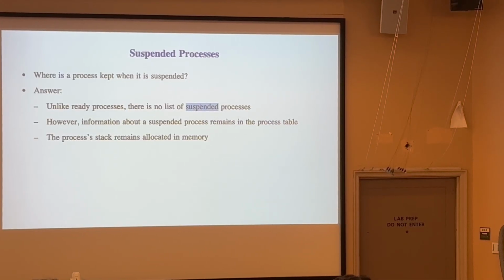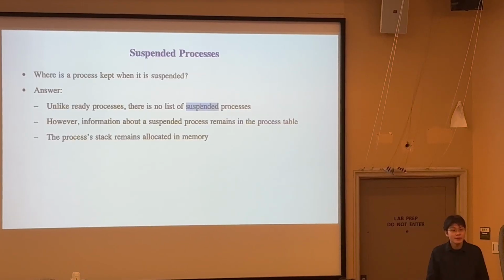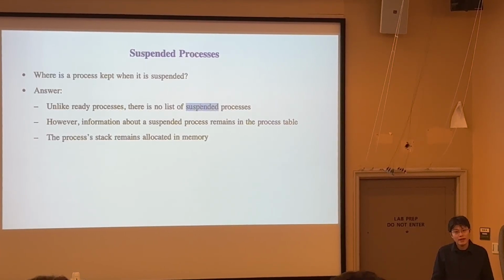Unlike ready processes, for which you can scan this ready list to find them, for suspended processes you just need to remember which processes are suspended. And the other option is to scan the entire process table.